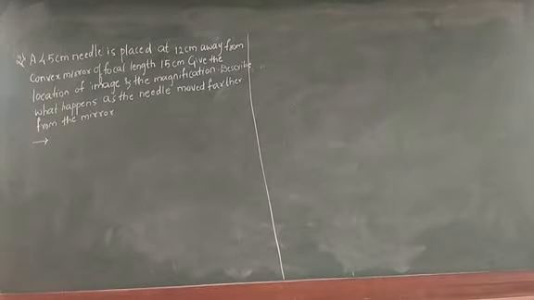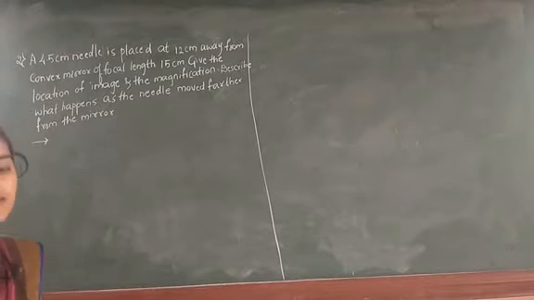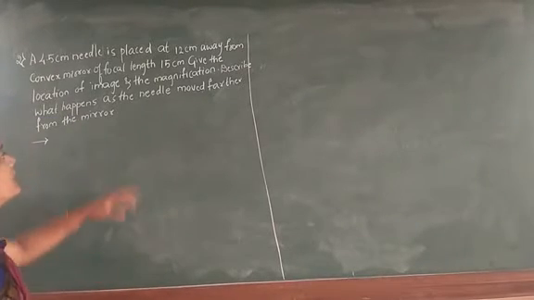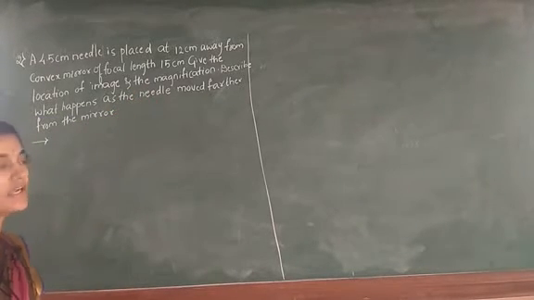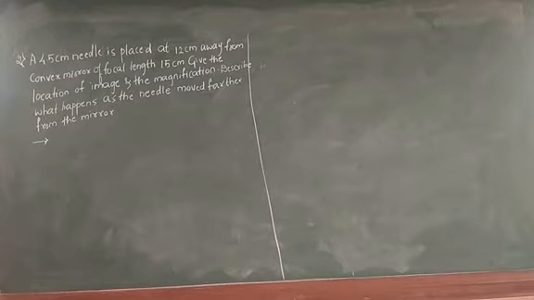Now, next problem. A 4.5 centimeter needle is placed at 12 centimeter away from a convex mirror of focal length 15 centimeter. Give the location of the image and the magnification. Describe what happens as the needle is moved farther from the mirror.